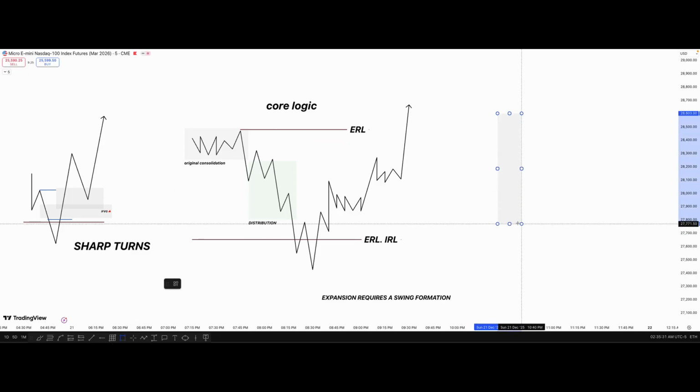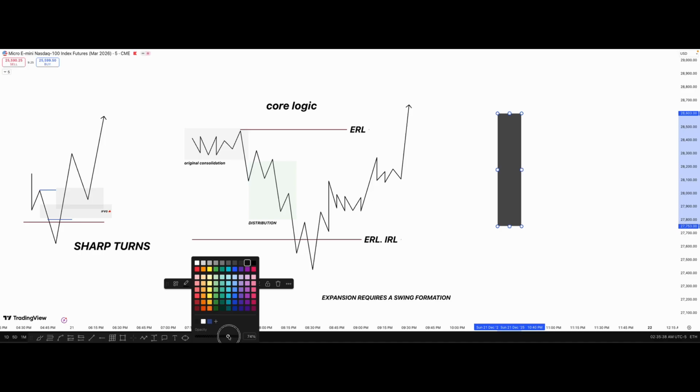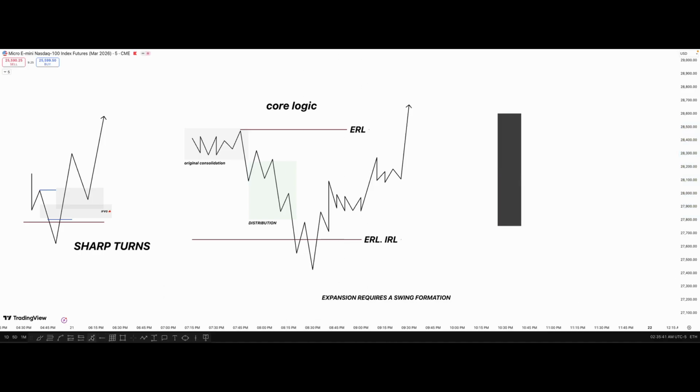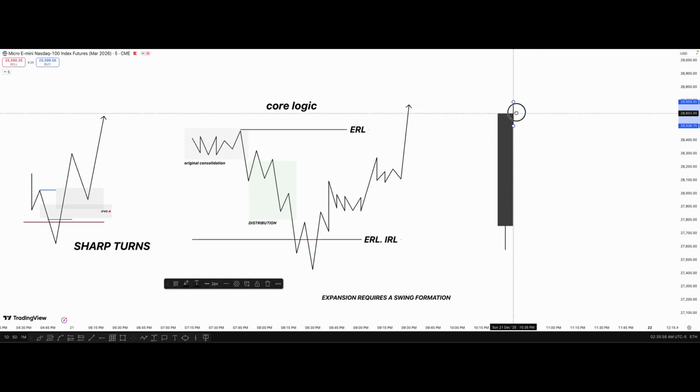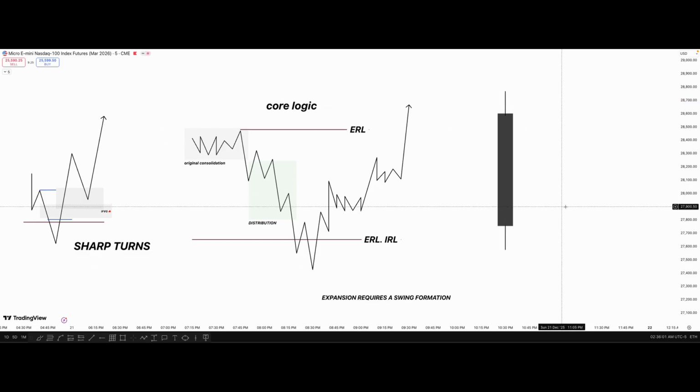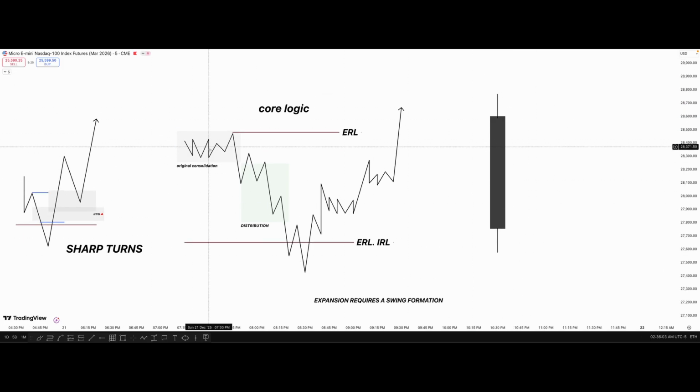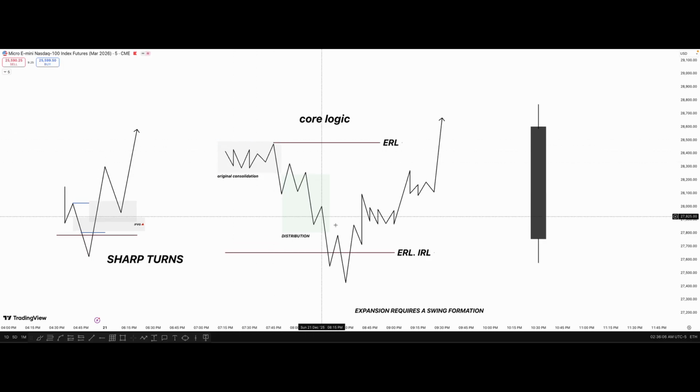Suppose there is a bearish candle like this. And then what it will create, suppose understand that this is happening in a lower time frame, right?